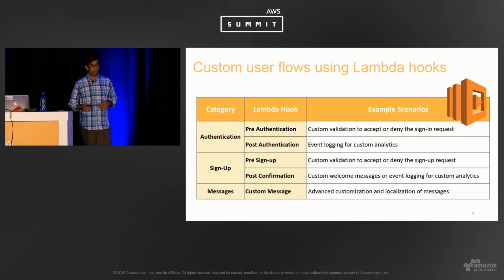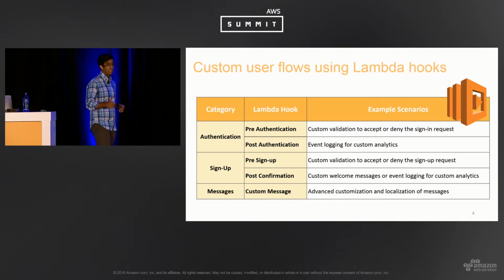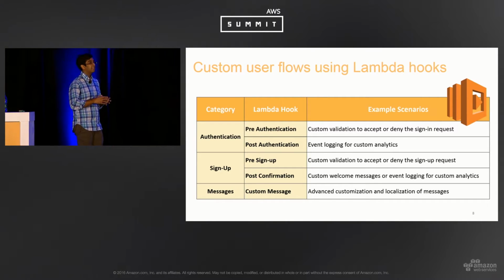So moving forward, one of the features along those lines that we introduced with the GA launch, and that extends this ability to use Lambda to customize your flows, is this custom auth flow. We've talked about before and after the sign-in event, where the user presents their credentials to sign into your application.